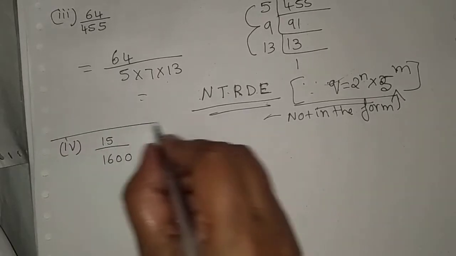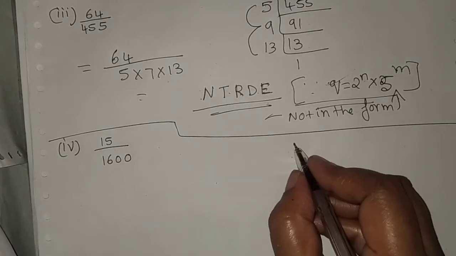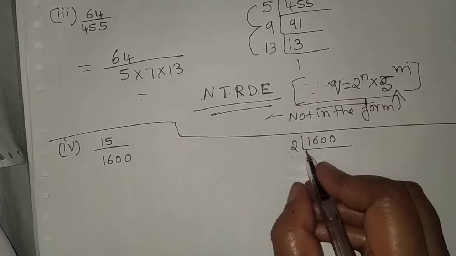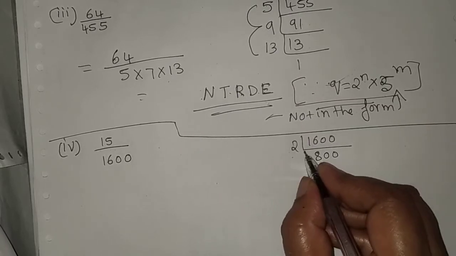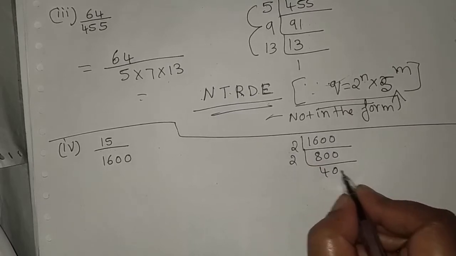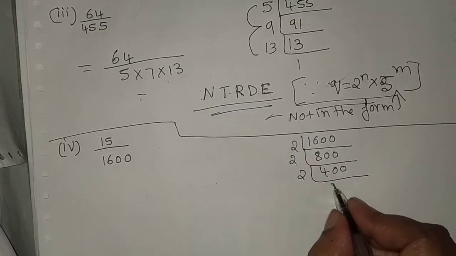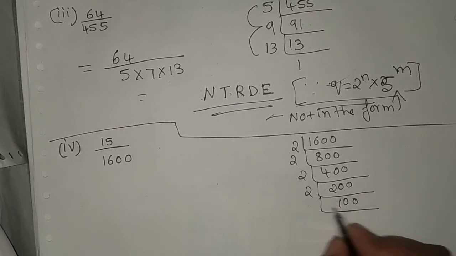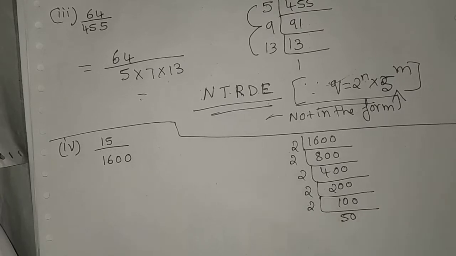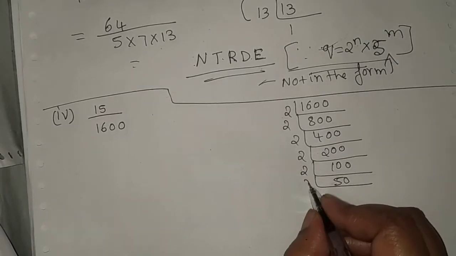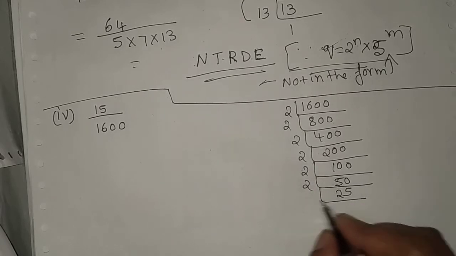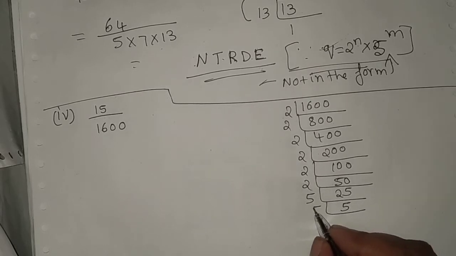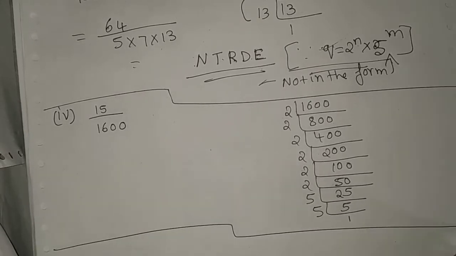So we will take this one and factorize. 1600 divided by 2 is 800, 2 400, 2 200, 2 100, 2 50, then 2 25, then 5 5s, then 5 ones. This is the factorizing of this.